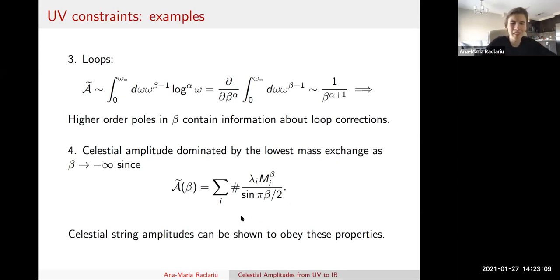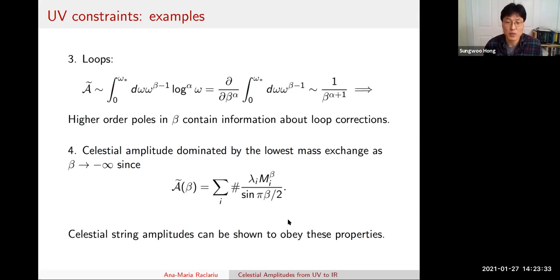Except, in that case there is some exponential suppression, but it comes from the softness of these tree-level amplitudes because of the infinite number of massive string states. But in any case, they do obey most of these properties, all of the properties I discussed so far.